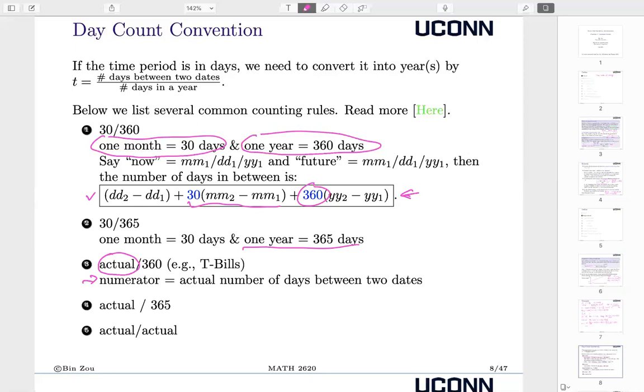Of course, there are more rules, like the first one, actual over 365. So the difference is how we count 1 year, and it can also be actual, although this is not common. Again, the meaning is straightforward, right? This actual means the number of days between 2 days. This actual means the number of days in a particular year.